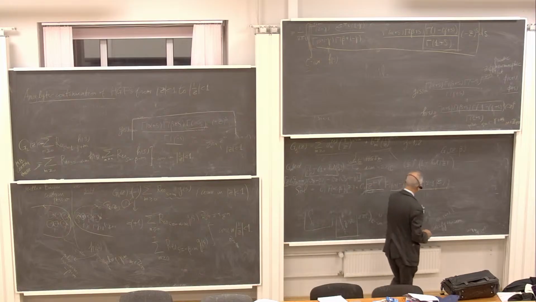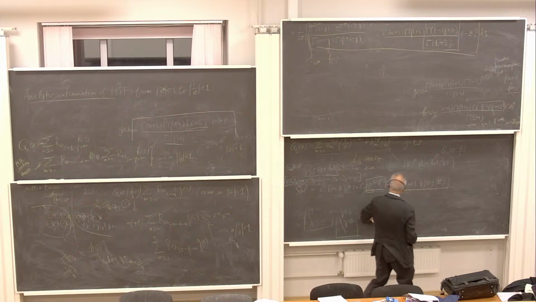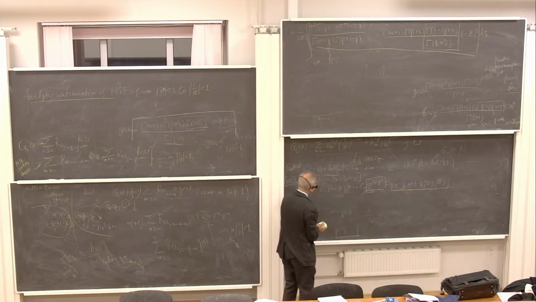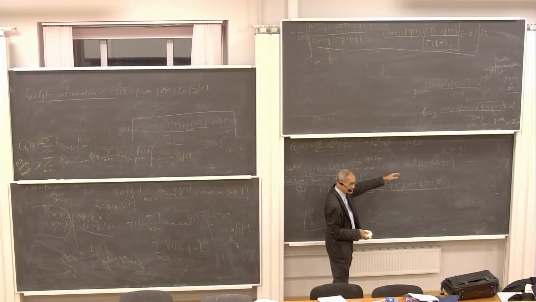And you see that the monodromy of the solution space, of these solutions around 1 over z equals 0, is very simple.